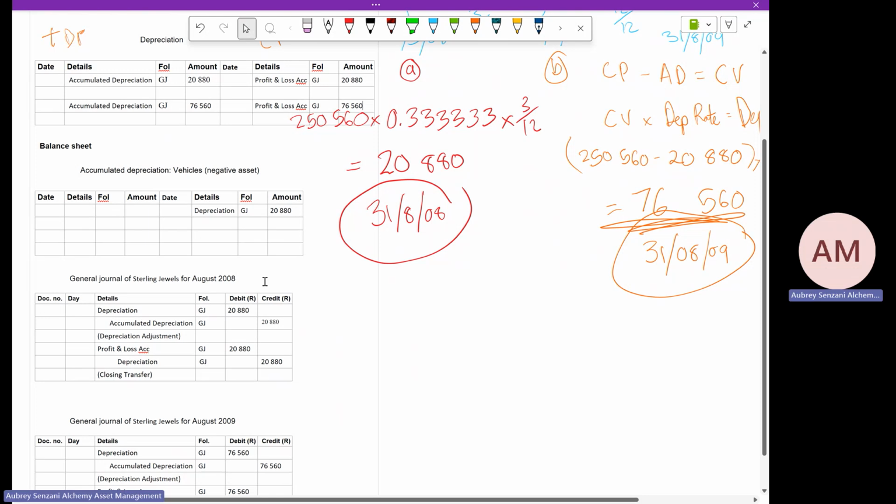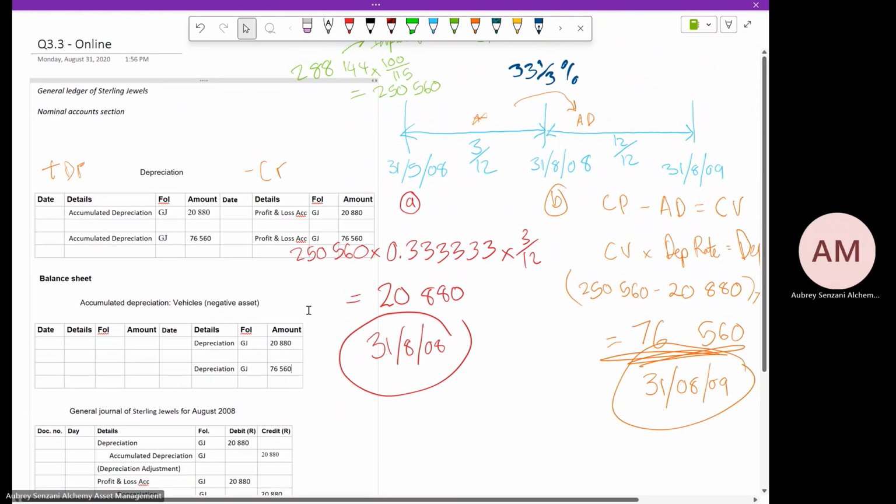You have finished the first exercise. I lie. There's one last thing we needed to do. Accumulated depreciation here. We just needed to record 2009 GJ, and that's the 76,560. So that was exercise 3.9.